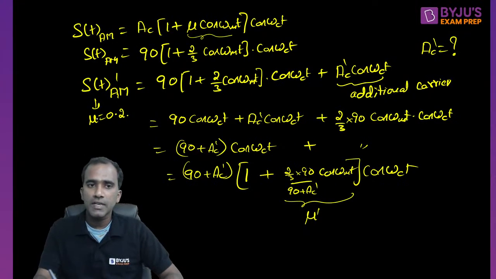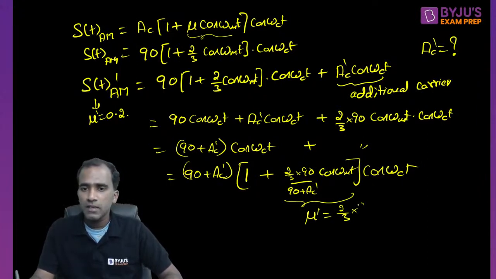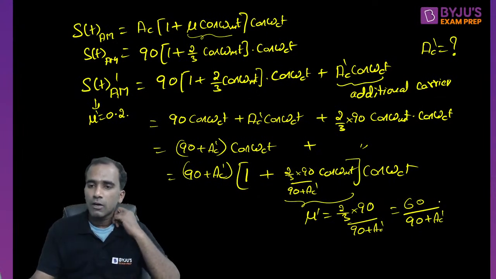The new modulation index, let me call it mu dash. How much is that? It is 2 by 3 into 90 divided by 90 plus AC dash, which is 60 divided by 90 plus AC dash. And mu dash should be 0.2.